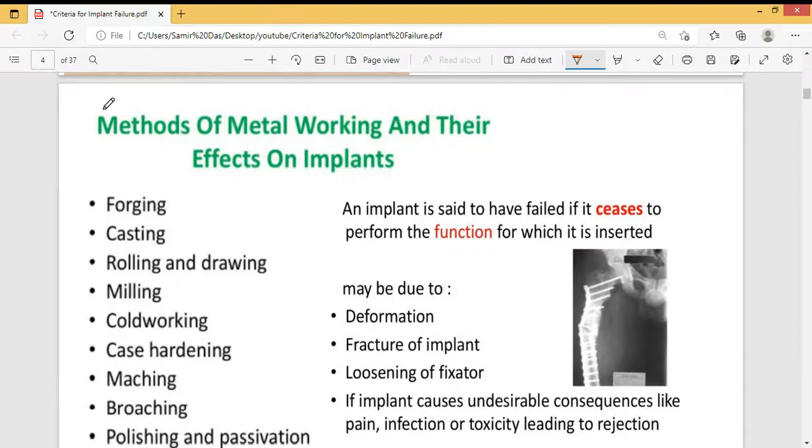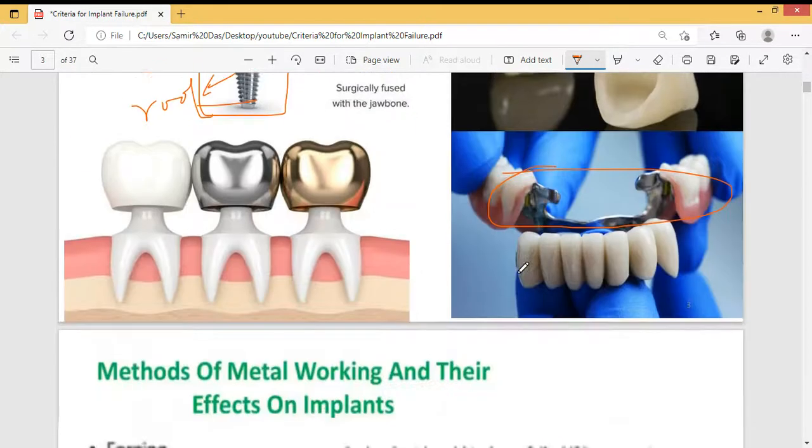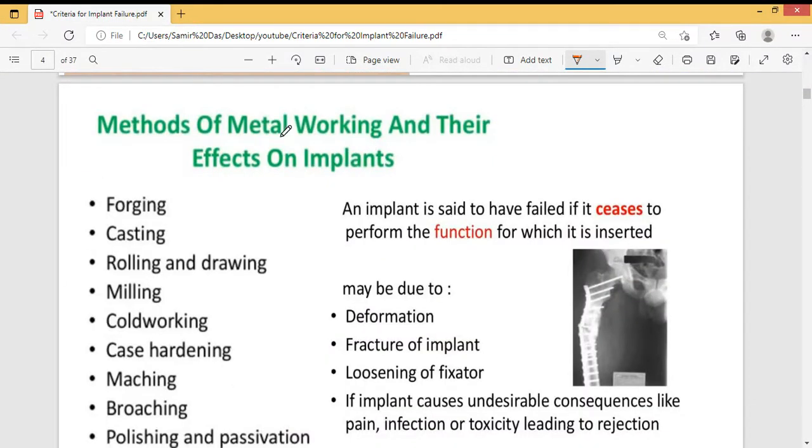Now comes the methods. The most common point of view is that whenever we go for any kind of prosthesis or implant, how is the implant made? This is a very common question.